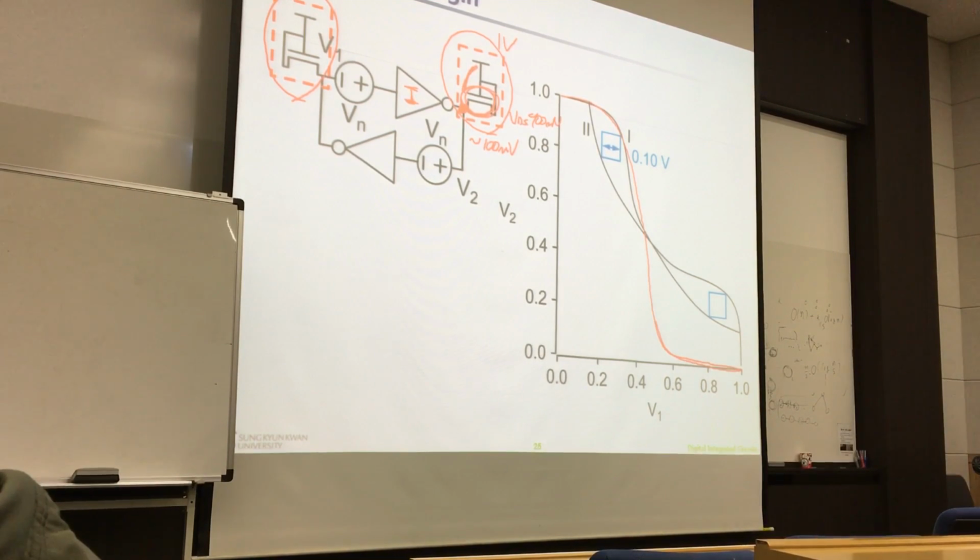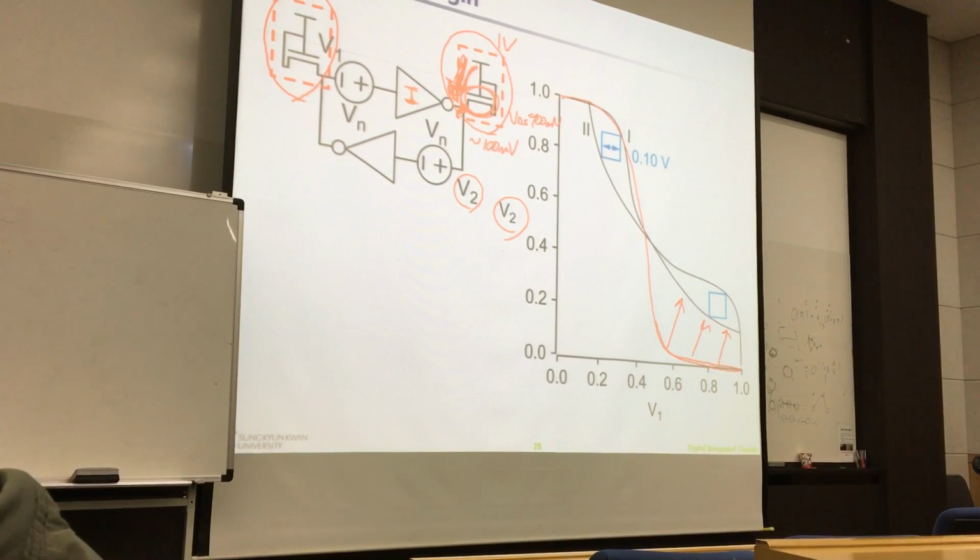So you are injecting a lot of current through this access transistor. With this current injection, you are pulling this up. Your output voltage V2 is being pulled up by this injected current.